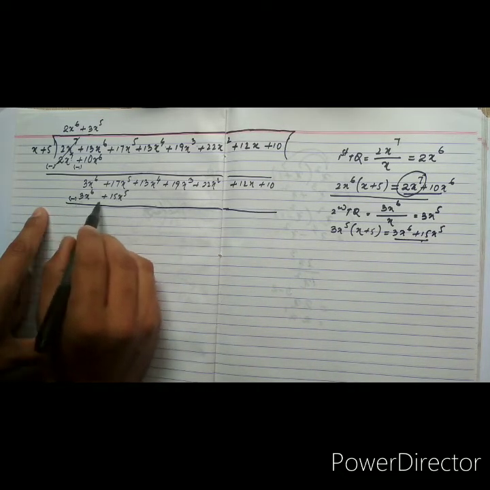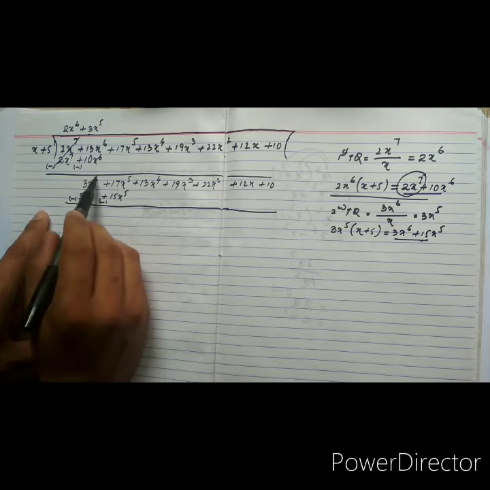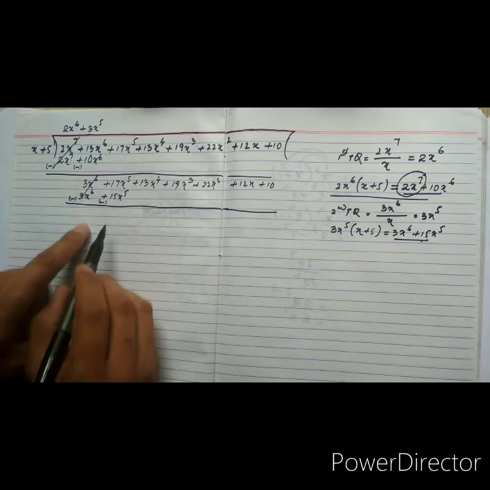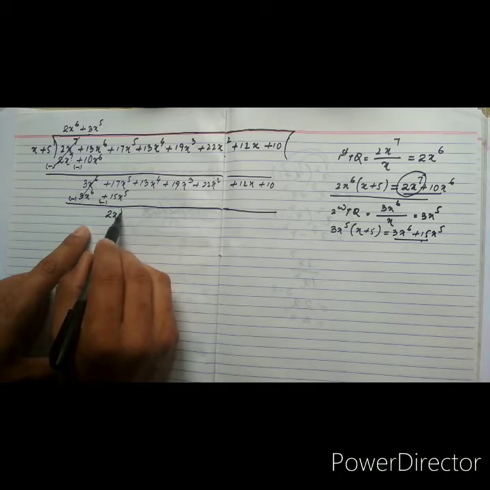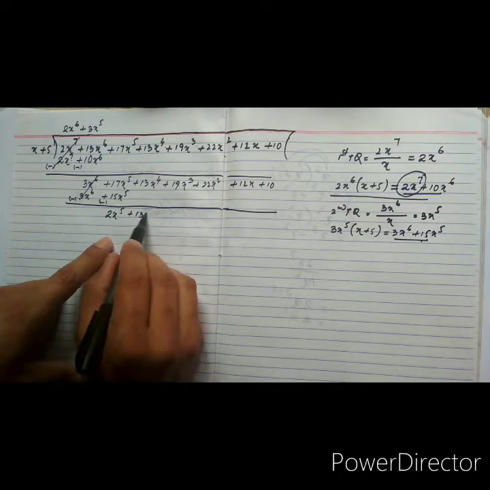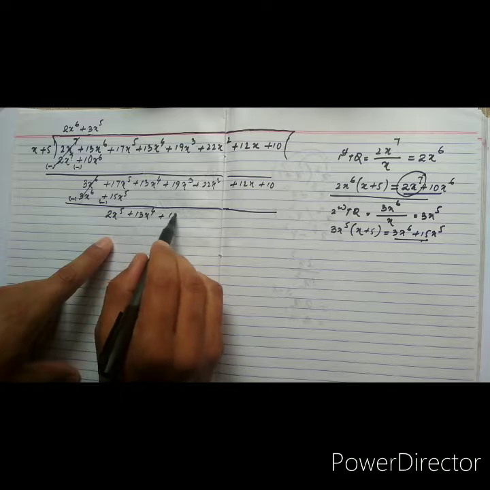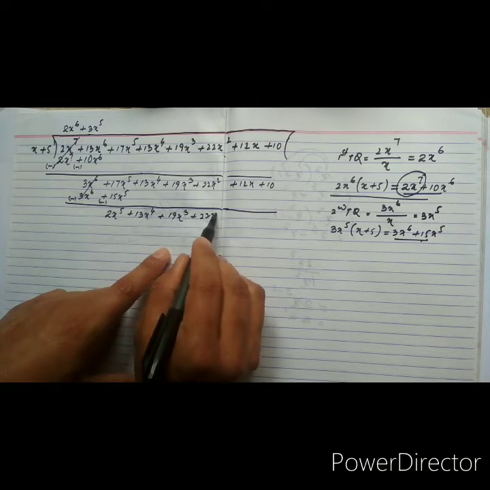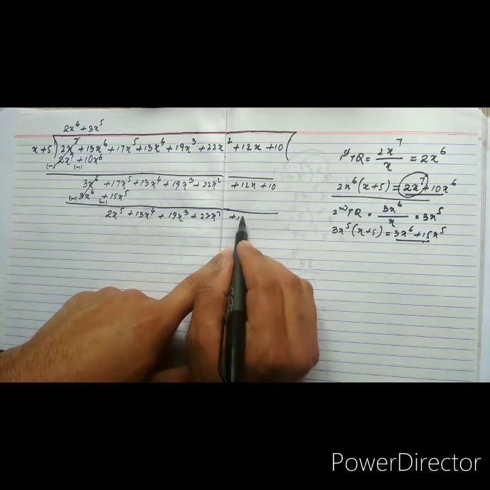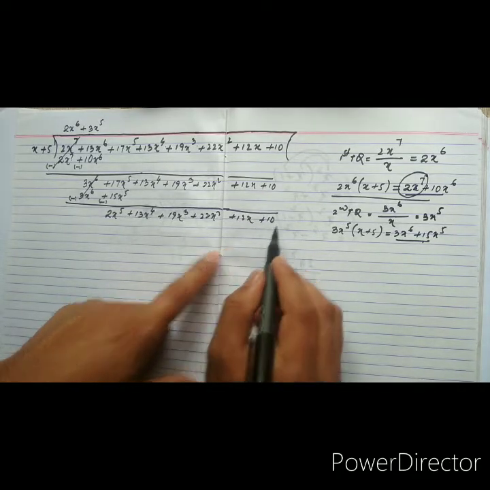It becomes negative, so we can cancel them. Then 17 minus 15 gives 2x^5, plus 13x^4 plus 19x^3 plus 22x^2 plus 12x plus 10.